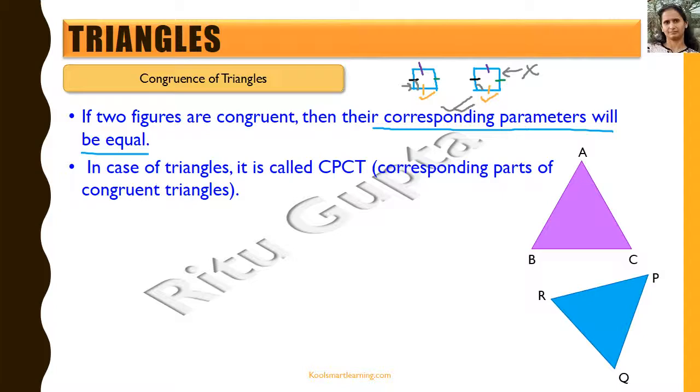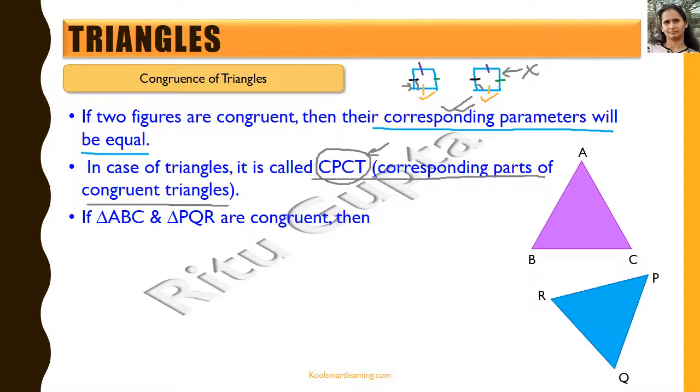So in case of triangles, we call this CPCT, which means corresponding parts of congruent triangles. CPCT is a standard terminology which we use to say corresponding parts of the congruent triangles.